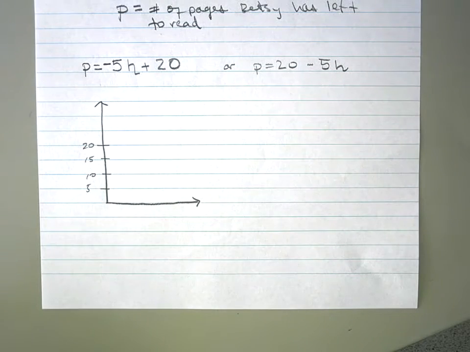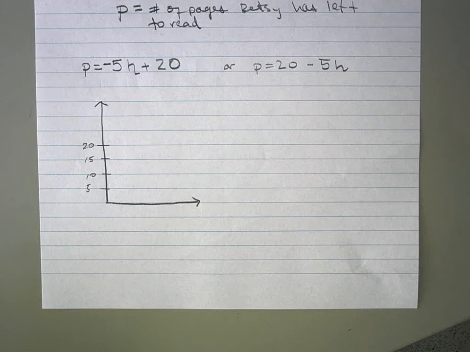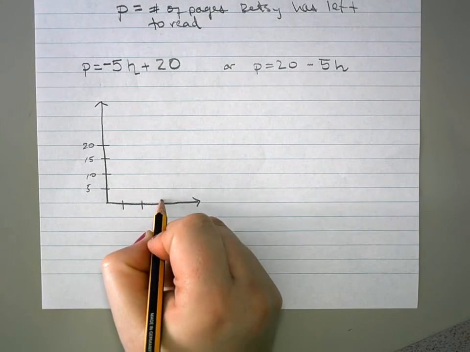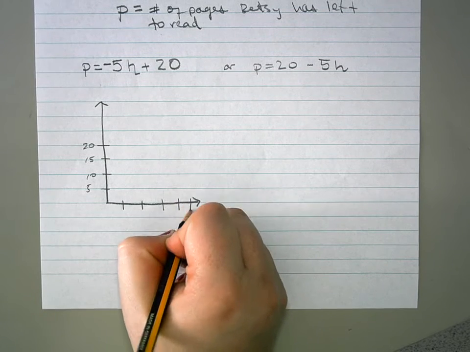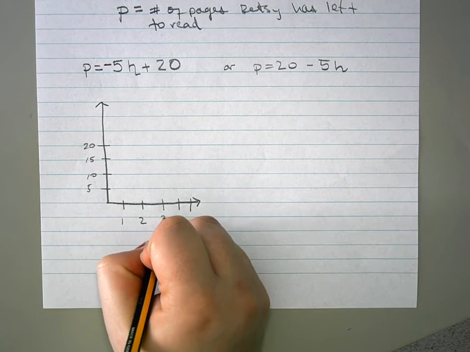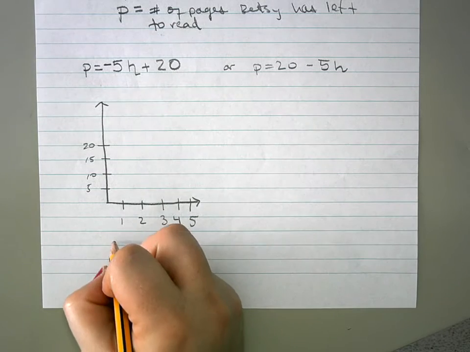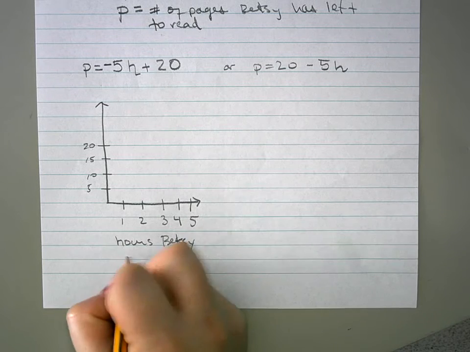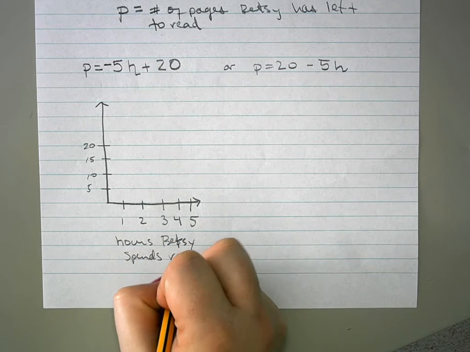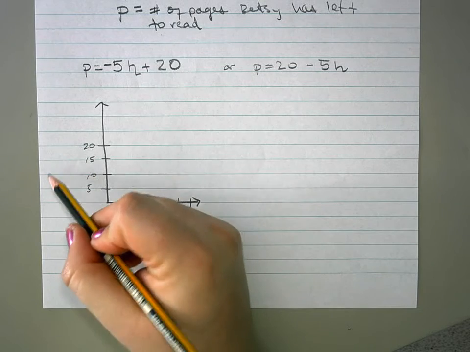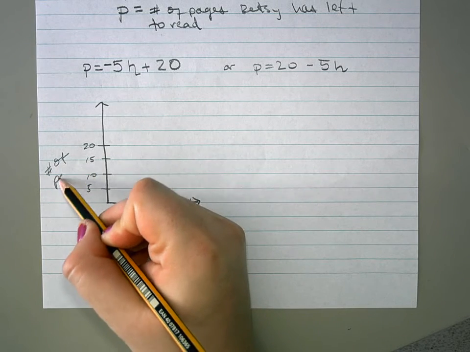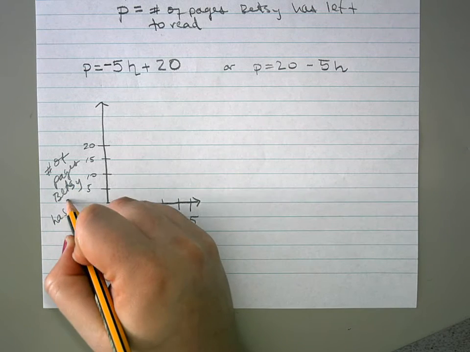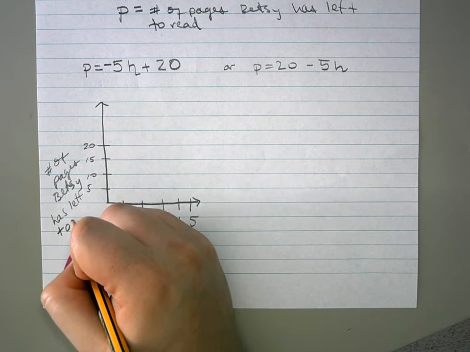And we want to have at least 1, 2, 3, 4, 5 hour slots. Okay, so this is hours Betsy spends reading, and this is number of pages Betsy has left to read.